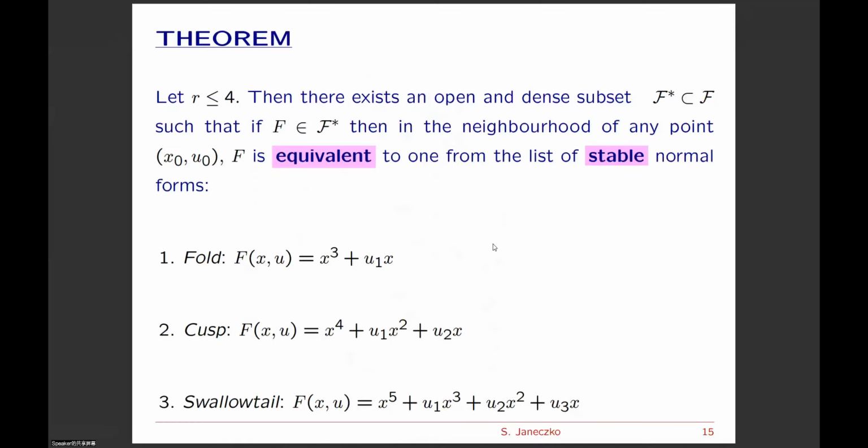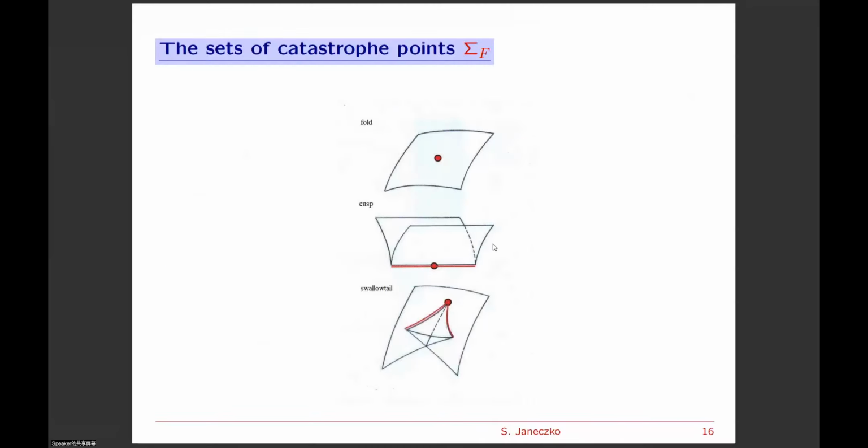If you calculate this set of bifurcation points, this is fault, this is cusp, this is swallowtail, because the form of the bifurcation set is like that. The fault looks like that in 3 dimensions, a cusp is there, a swallowtail is like that. It's calculated. These are stable. It is not possible to spoil them.